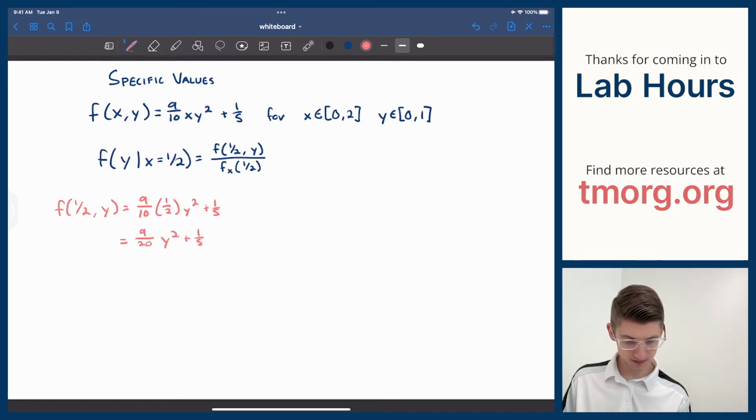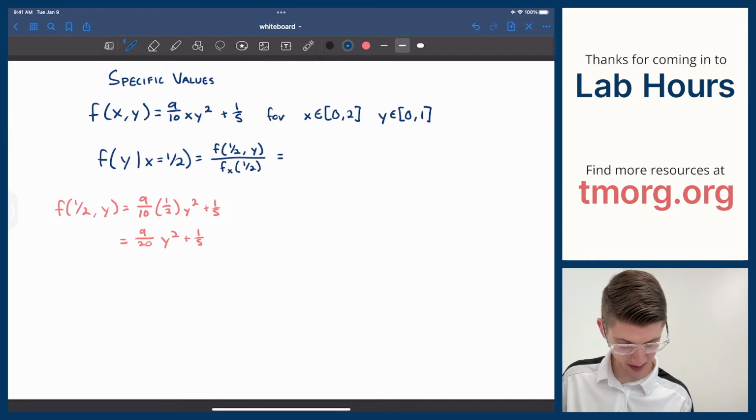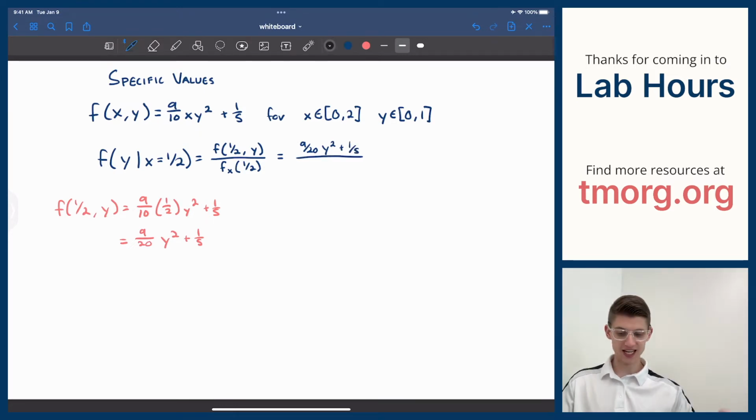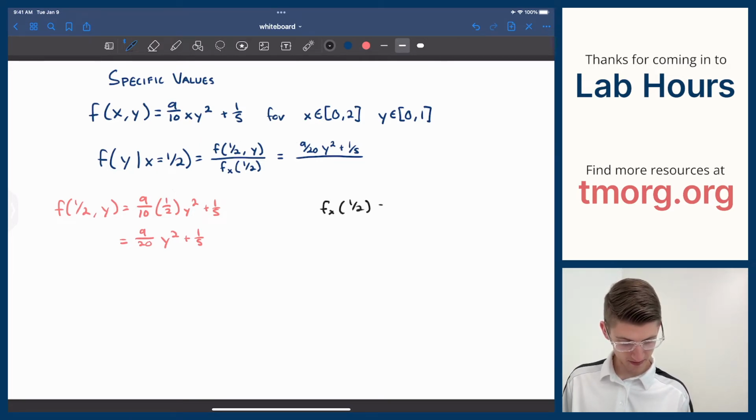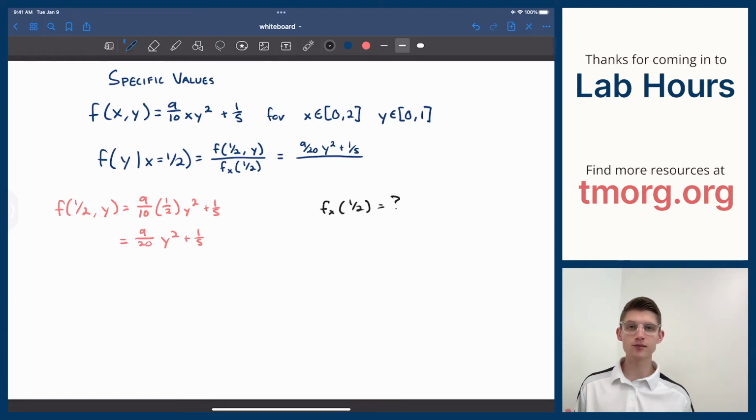So we've already got part of the answer. Let's go put it in. We have 9/20 y squared plus 1/5. But what's on the denominator? That's a little bit tougher. What is f x of 1/2? Well, we don't know, because we don't have the marginal probability of x yet. We don't have the marginal function of x.